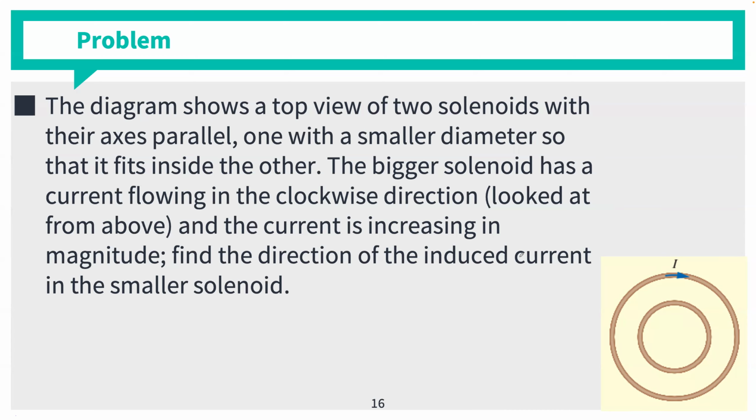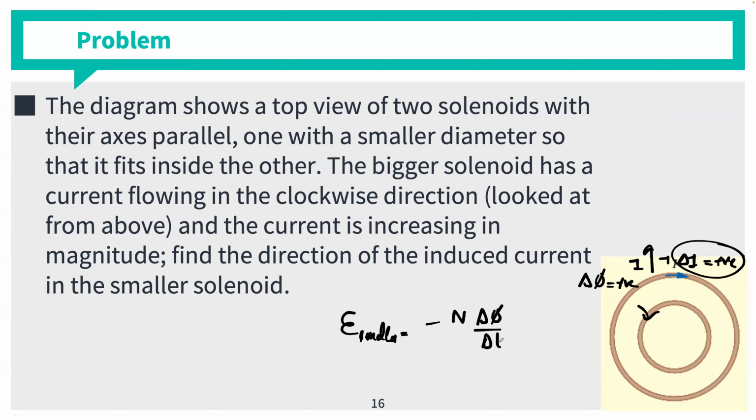So what are they saying? The current is increasing here. Increase in current means the change in current is positive, right? When change in current is positive, that will produce a change in flux, which will also be positive. And what will be the EMF induced in the smaller coil? According to the formula, EMF in the smaller coil will be negative N into delta phi by delta t.